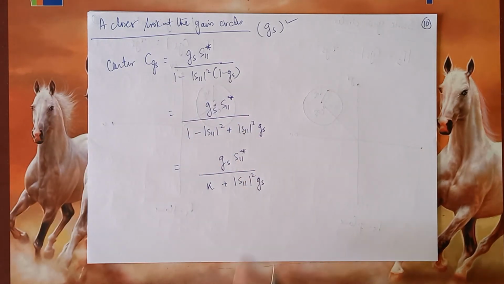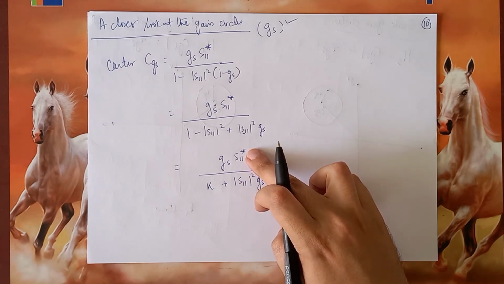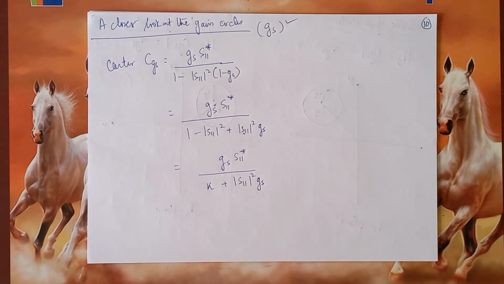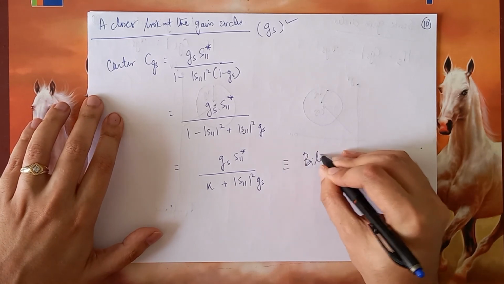What we are seeing is that this has a G_S term of the first order in the numerator and one term of G_S of the first order in the denominator. So essentially this is again a bilinear transform.